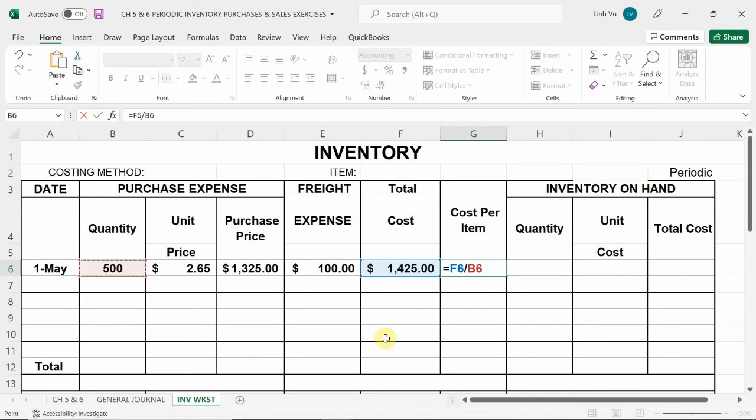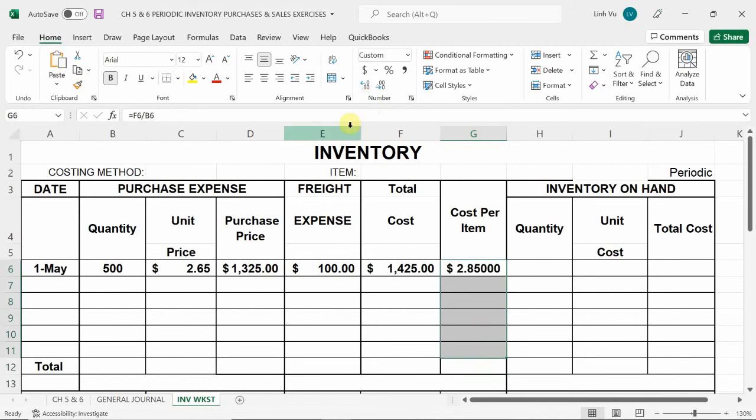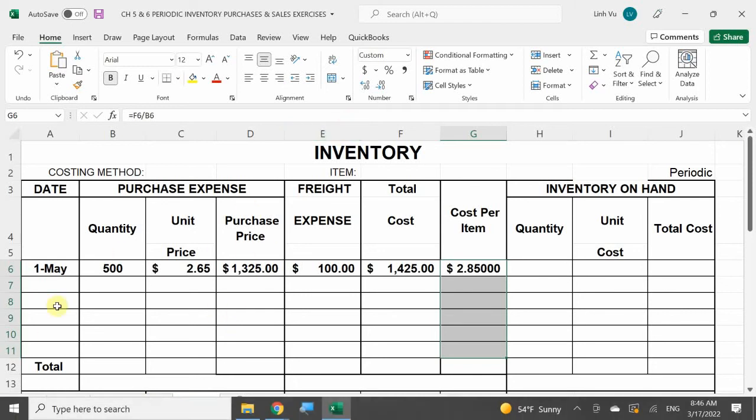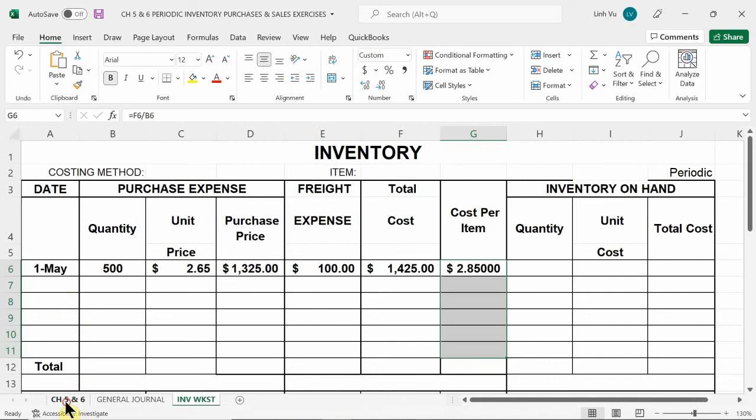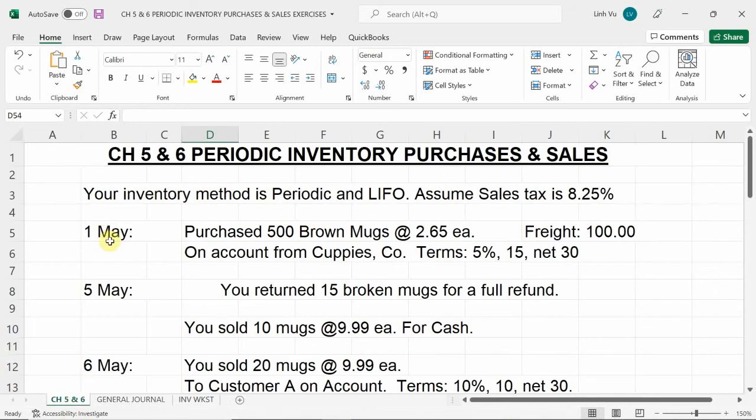So in this case, I'm going to take $1,425 divided by 500 units. What is my cost per item here? $2.85. Now again, this can be more than that, but in this case, it's exactly $2.85 even. Excellent. See what happened next.